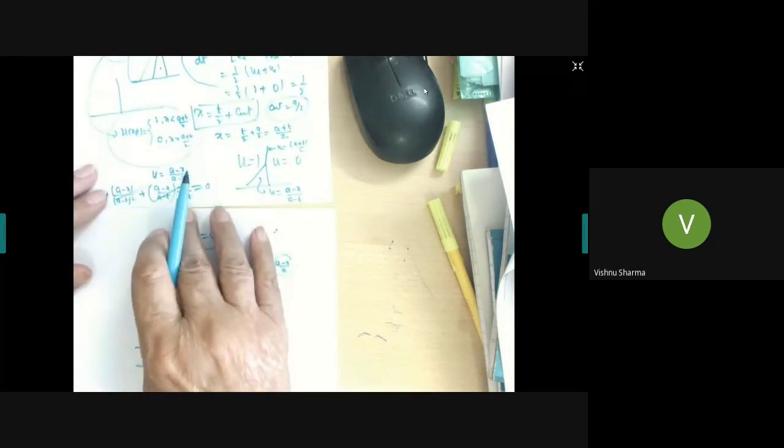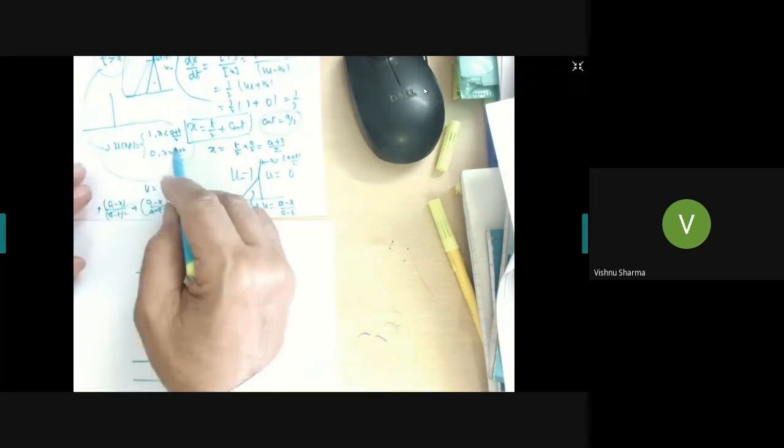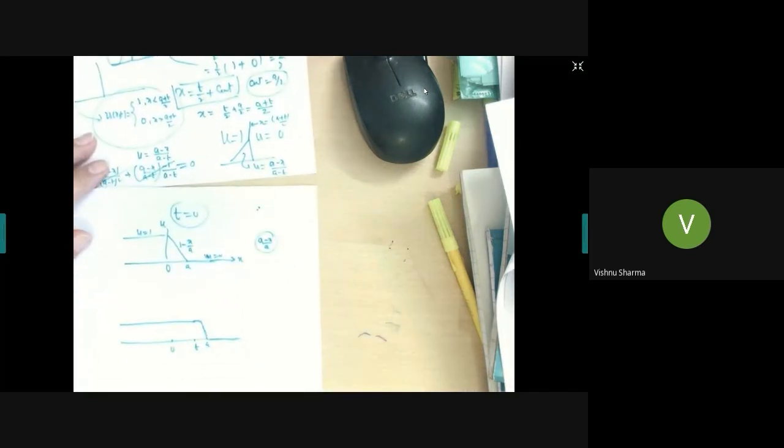And this is the solution at x equal to a. What happens when t is greater than a? This is the solution at t greater than a, where x is a plus t by 2. So here it is 0. It goes a little further, a plus t by 2. At a plus t by 2, you get a discontinuity here. That is, the profile undergoes a distortion.